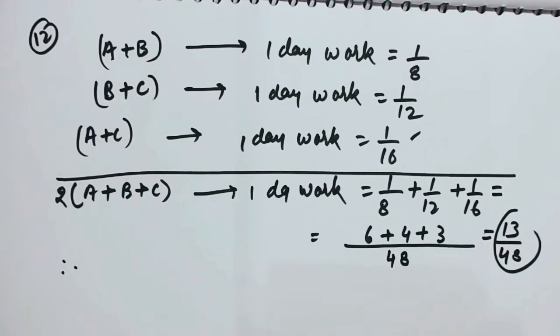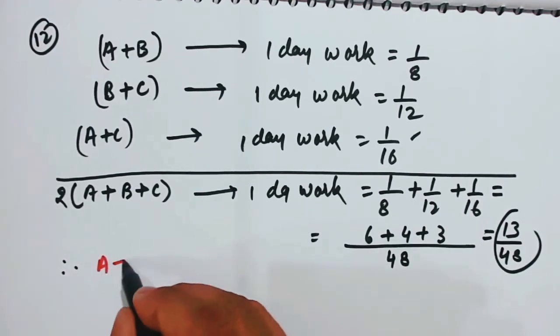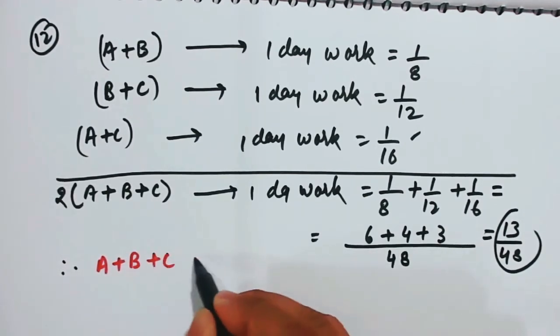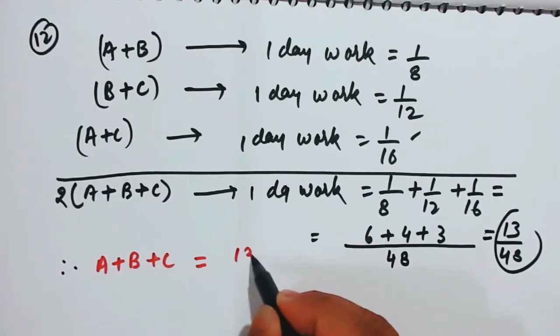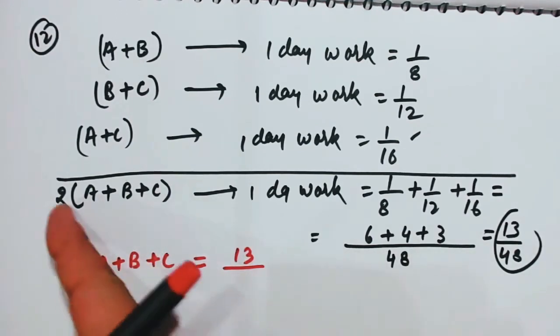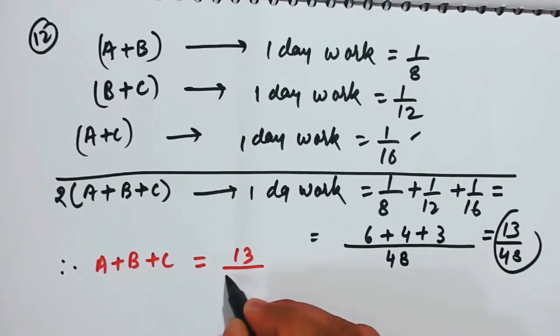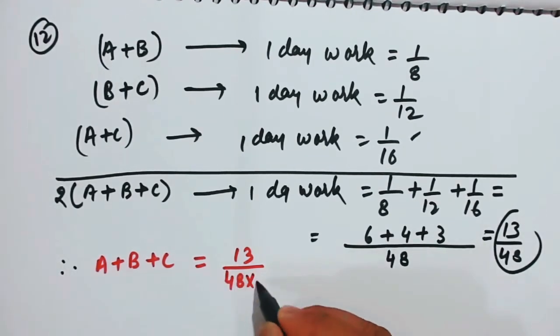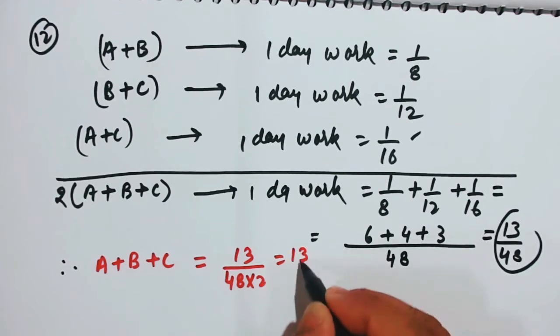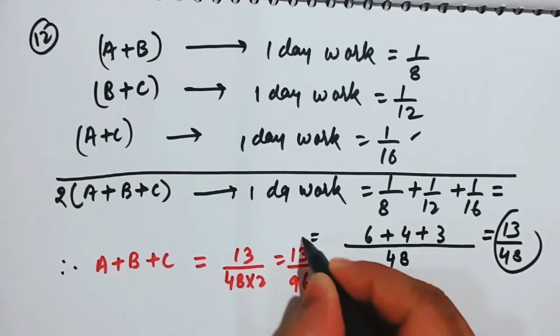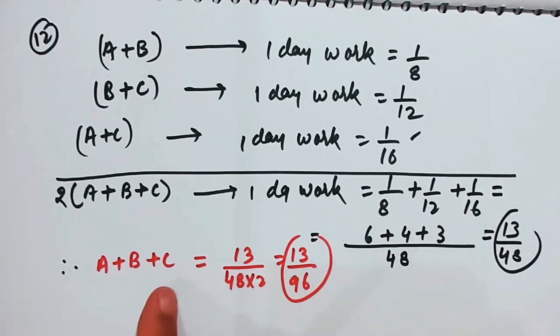Therefore, A plus B plus C will be equal to 13 by 48 times 2, since this 2 will come down. 48 times 2 is 96, so 13 by 96. A plus B plus C, 1 day work will be 13 by 96, isn't it?